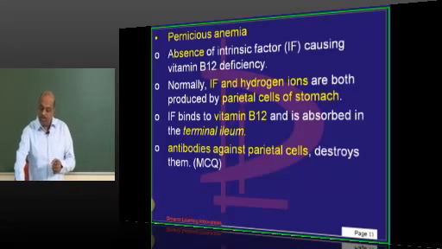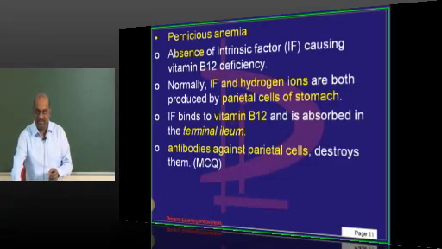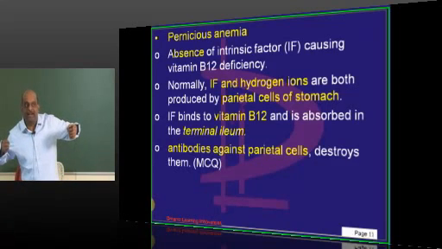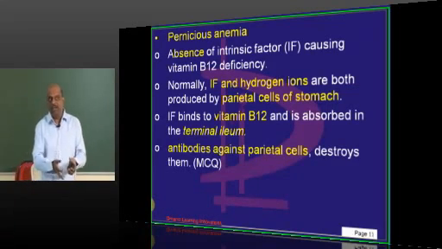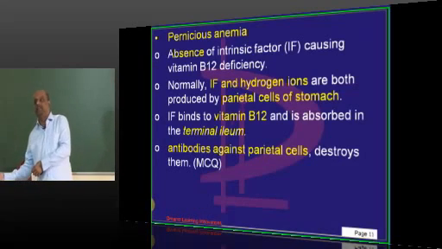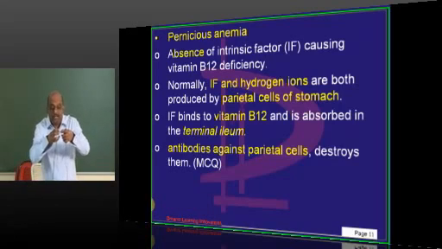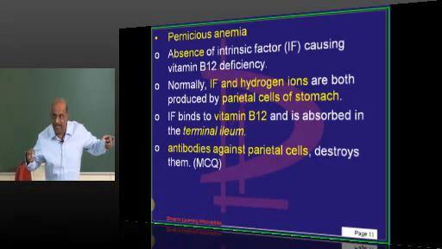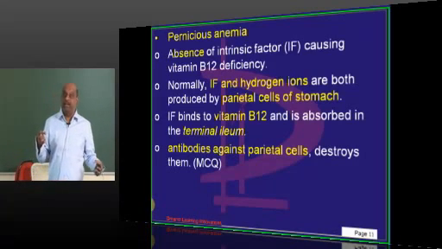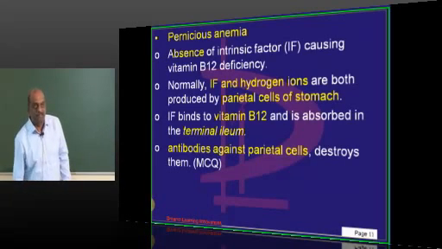It will also go to the terminal ileum. Then somebody is required to separate the vitamin B12 from the R factor. Only then can vitamin B12 bind with intrinsic factor and get absorbed in the terminal ileum. Who separates vitamin B12 from the R factor, doctor? Pancreatic proteases.